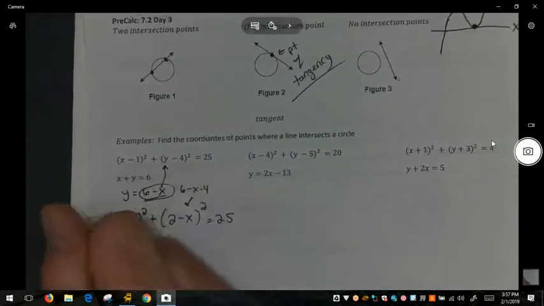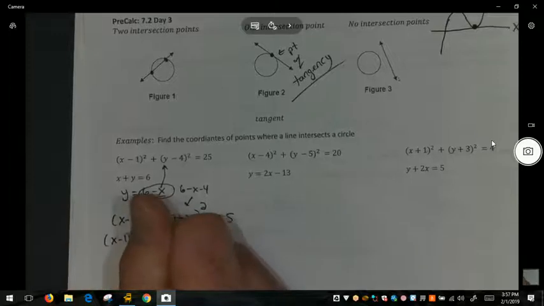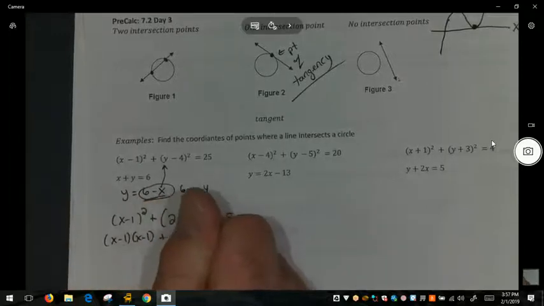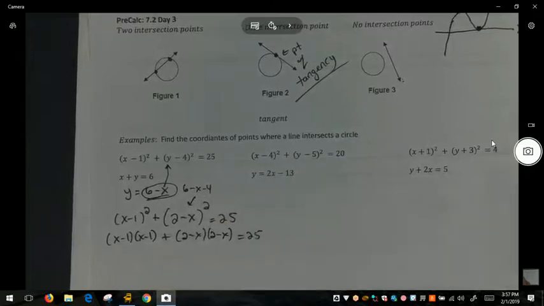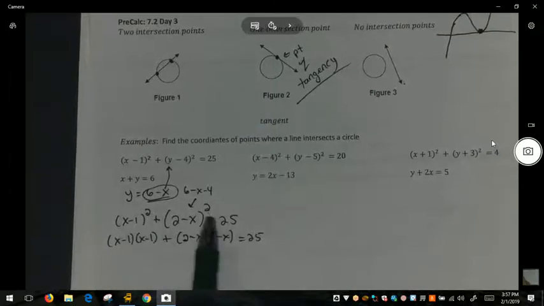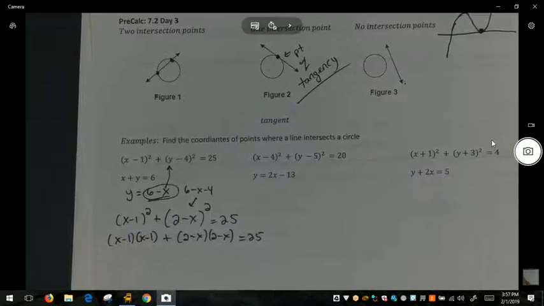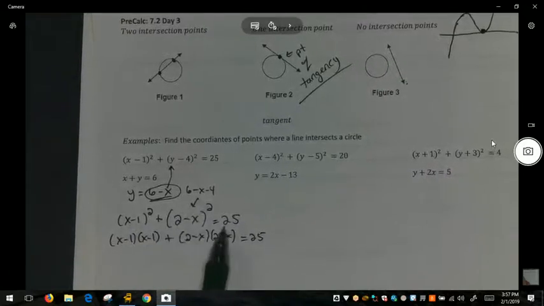Now I need to FOIL, or distribute, (x minus 1) by (x minus 1) plus (2 minus x) by (2 minus x) equals 25. What's nice is it's all in terms of x's, and I see the highest degree is 2. I have a quadratic function. When I've substituted this in, I now have a quadratic function.